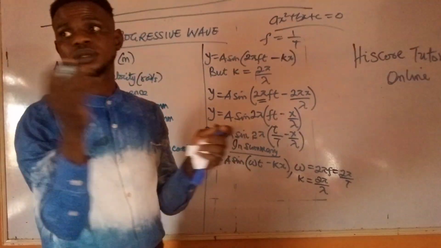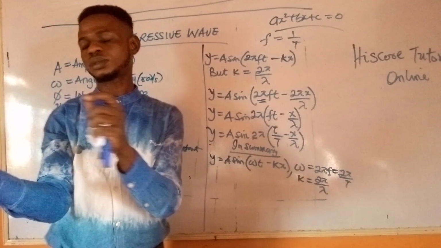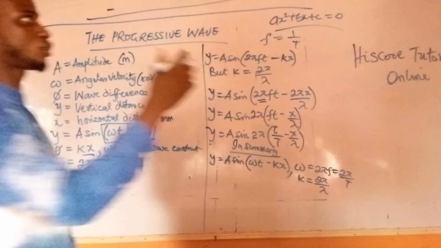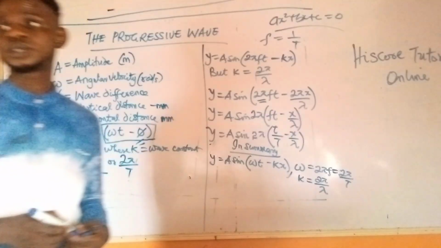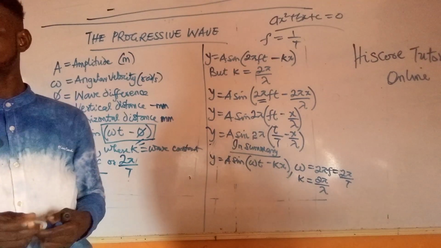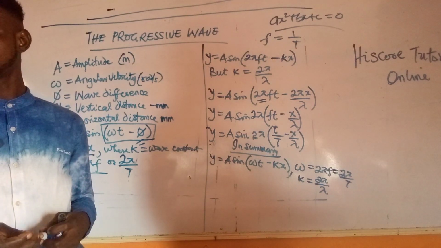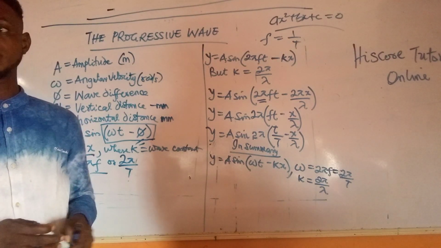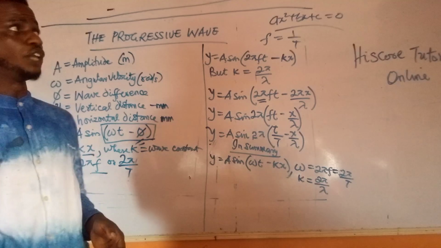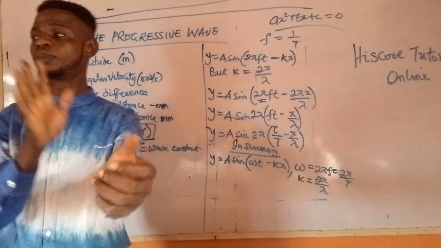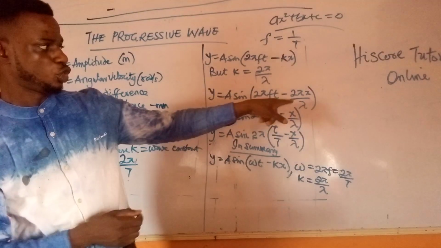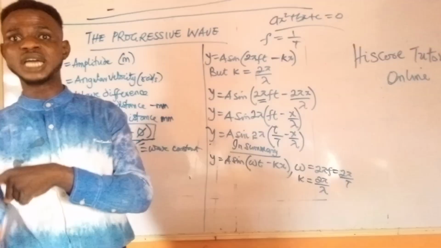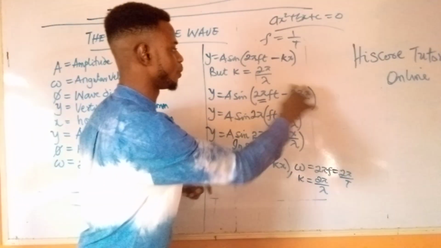But if it is from right to left, this one comes here, this one comes here. It doesn't matter. Are you following? If it's from left to right, it will be like this.